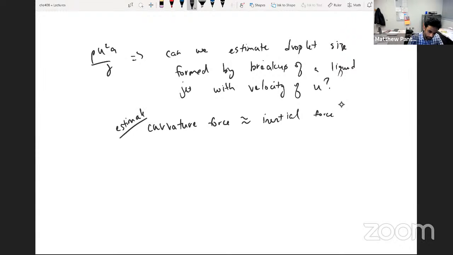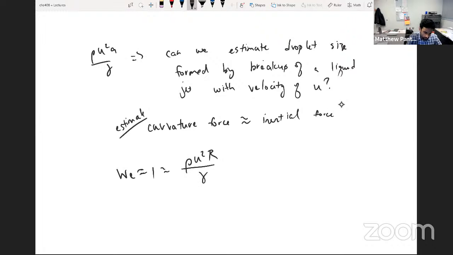So that means that this ratio, the Weber number, would be around 1. So density times u squared, and for A, characteristic length, we can use the radius of our particle, over surface tension.